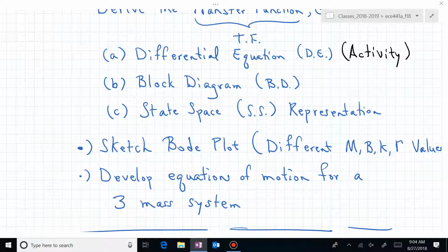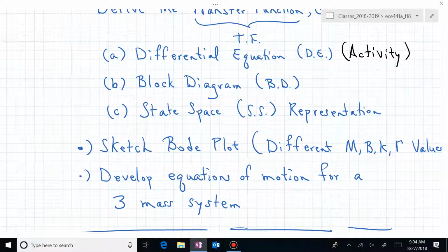That's a way to check your work. Meaning, if you're finding a state space representation and your buddy finds a state space representation and they're different, you might say, well, let's check them. Let's find the transfer function. If you get the same transfer function, you're pretty assured that you do have equivalent state space representations, meaning they model the same system.